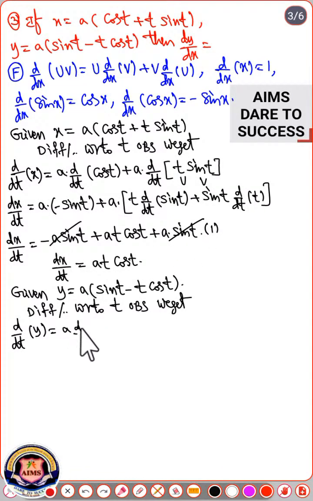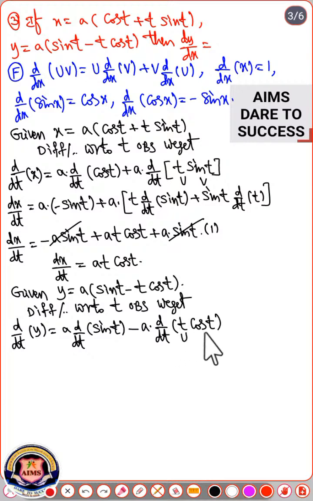So a into d by dt of sin t, after that close the bracket, then write minus again a multiply inside into d by dt of t cos t.